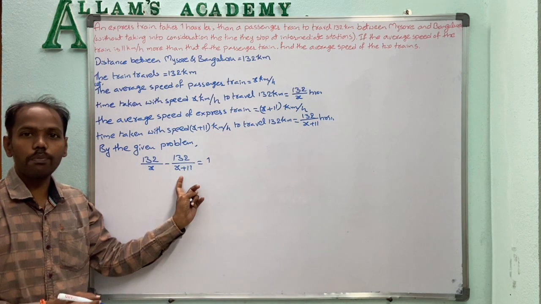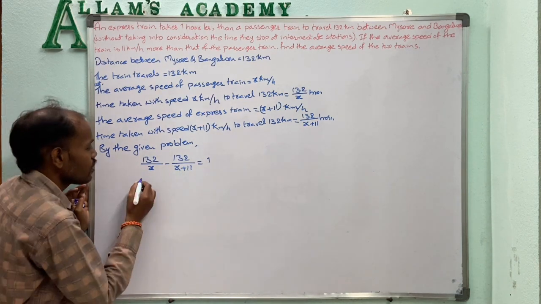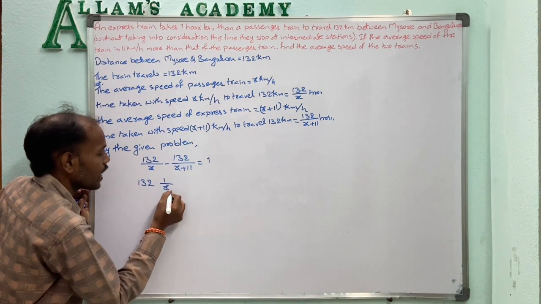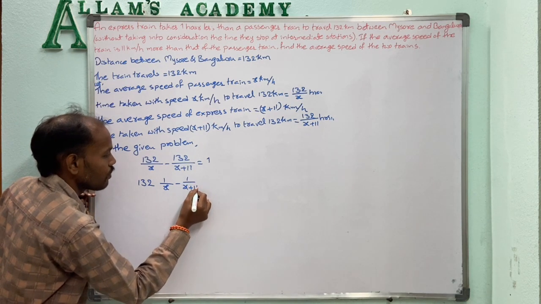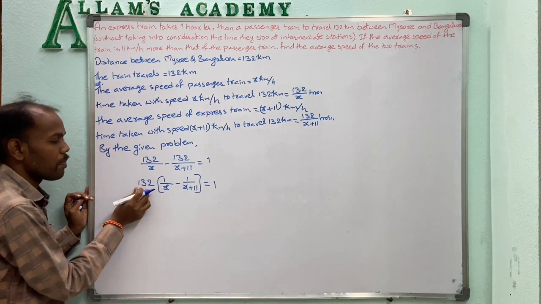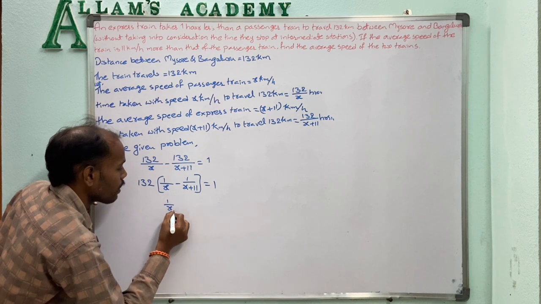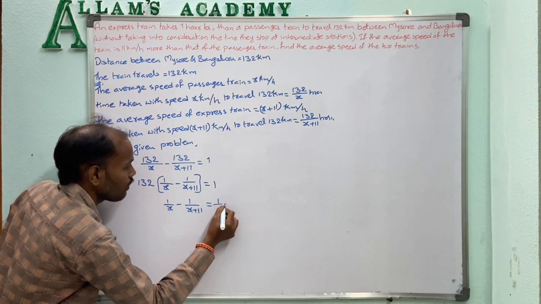If we observe both fractions, 132 is the common numerator. Taking 132 common, we can write 132 into (1 by x minus 1 by x plus 11) equals 1. Now 132 transferred to this side: 1 by x minus 1 by x plus 11 equals 1 by 132.